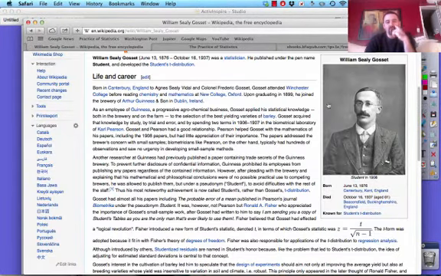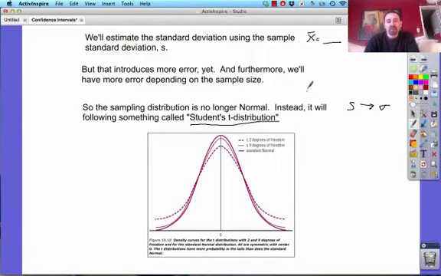It was discovered by a man named William Gossett, and you can look him up if you want. And you notice here it says student. The great story here is that Gossett worked for the Guinness Brewery and actually discovered the t-distribution as he was trying to improve the quality control at the Guinness Brewery.